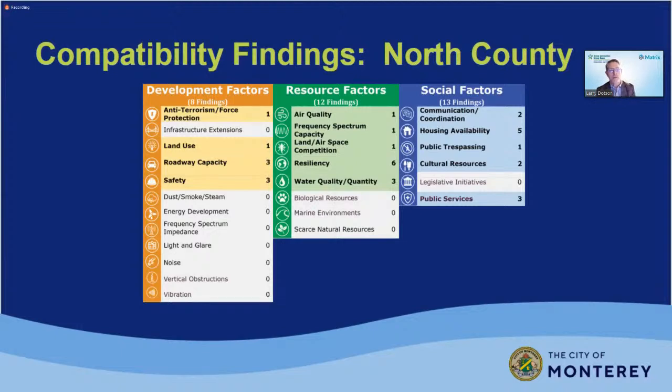We also looked more towards a resiliency focus with the resource factors, looking at shared resources for air and water, land space competition, and those things where the limited resources in a particular geographic area are shared by both the military and the community, and how do you balance those requirements.